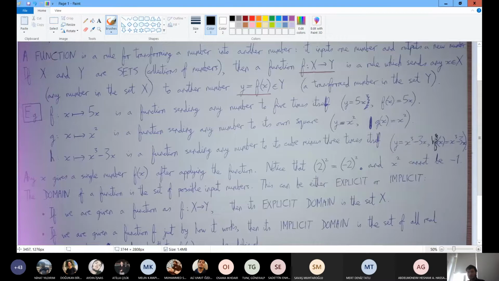So h of x equals x cubed minus 3x. And that means if you input any number x, you calculate the cube of x, you subtract 3 times x, and you get a new number, which is the output number.